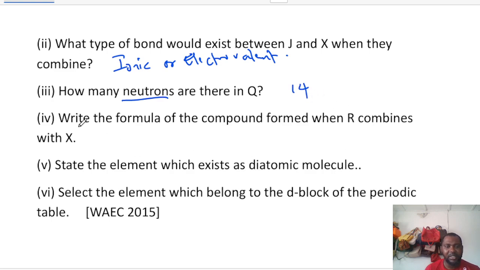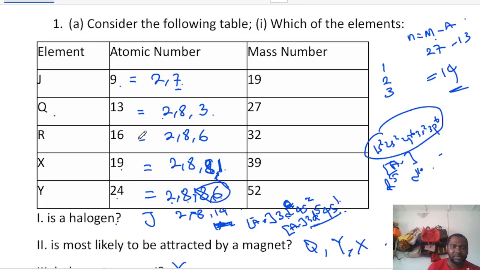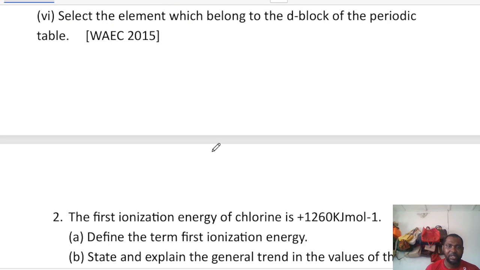Now the next one says, write the formula of the compound formed when R combines with X. So let's see, R and X. R is a non-metal, valence electron is 6. X is a metal, valence electron is 1. So the bond between a metal and a non-metal is definitely an ionic bond.